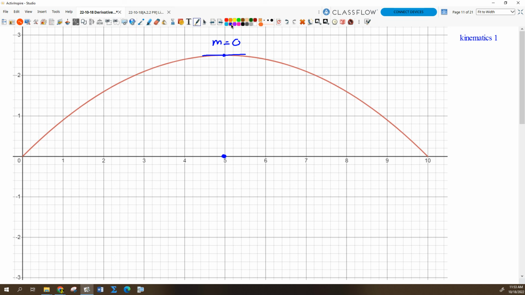What can you tell me about the tangents to the left of that? If I draw a bunch of little tangents, there's a tangent, there's a tangent, there's a tangent. They start off positive. And what can you tell me about the values of those? They're all positive. Where's the biggest slope going to be? At 0, and they're gradually getting less and less steep.